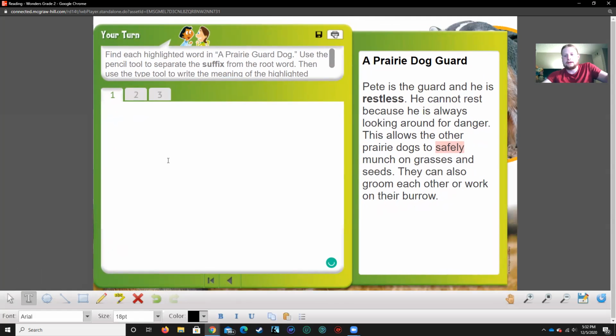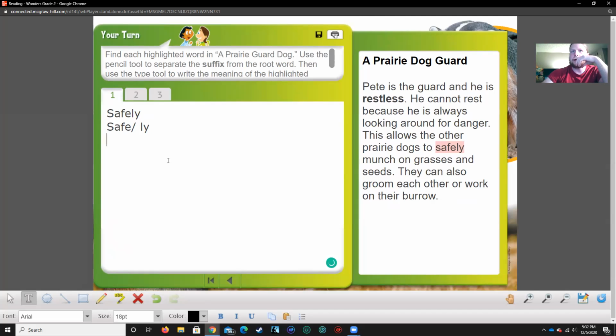So we're going to type it here. Safely. All right. So what is the root word in safely? It is safe. Safe. And then I'm going to put some dots. Okay, that works. And then ly is the suffix.